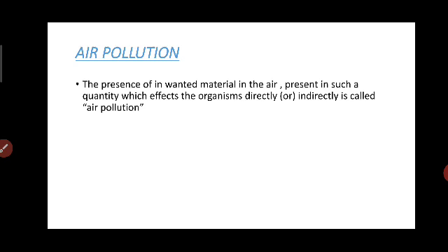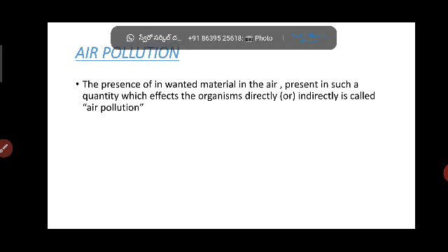So that is the definition we have to take: the presence of unwanted materials, meaning foreign materials that affect living things, in the air in such a quantity. How much quantity? Threshold limit, meaning bearable quantity.